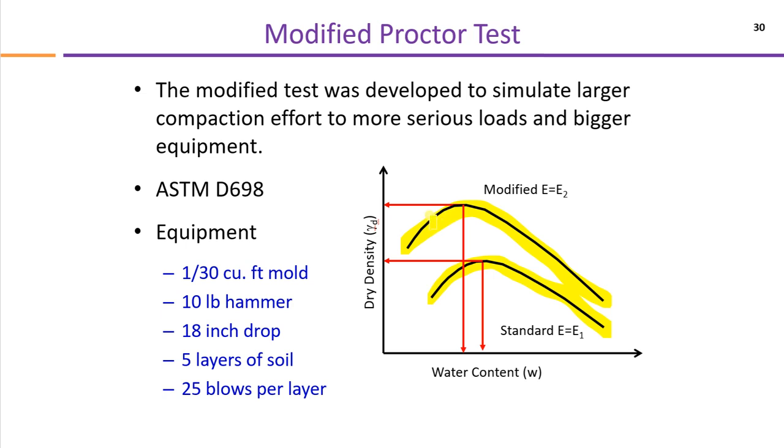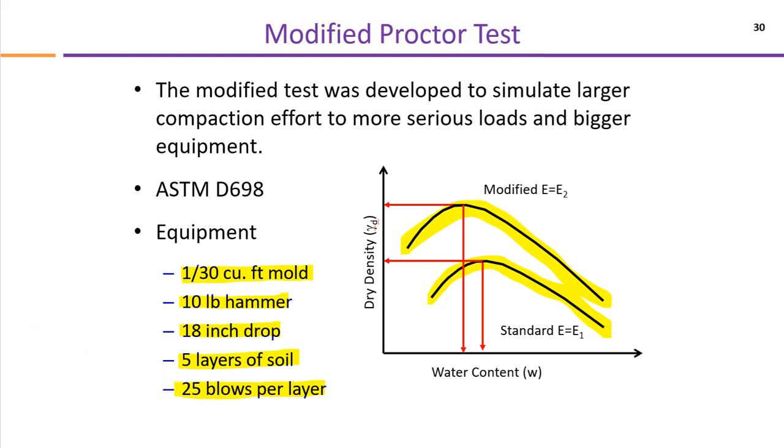In the modified Proctor test, the mold is the same, 1/30 cubic foot is the volume, but the hammer is 10 pounds, the drop of the hammer is not 12 but 18 inches, and we do not compact in 3 layers but 5 layers, and each layer is compacted 25 times.